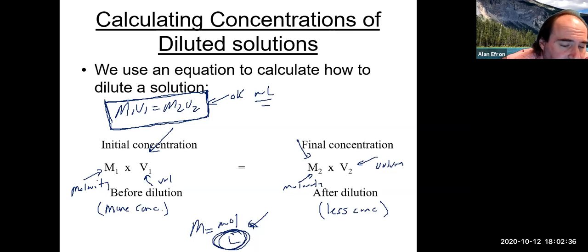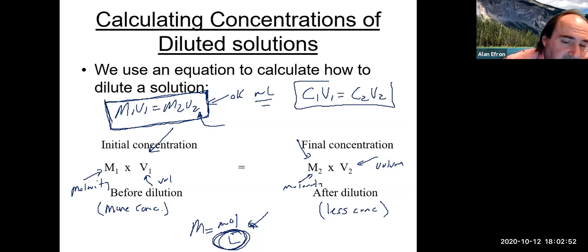Now, most people, when they do dilutions, will use this formula, but your book may use C1V1 equals C2V2, and this is really the same thing. The only difference here is C is concentration. For the most part, like I said, molarity is the most common unit of concentration.